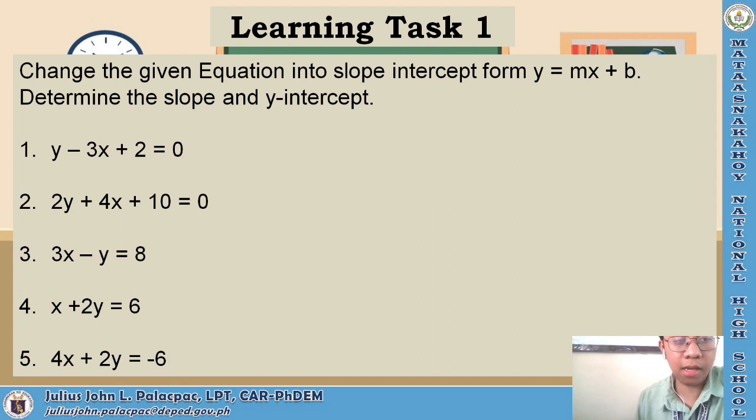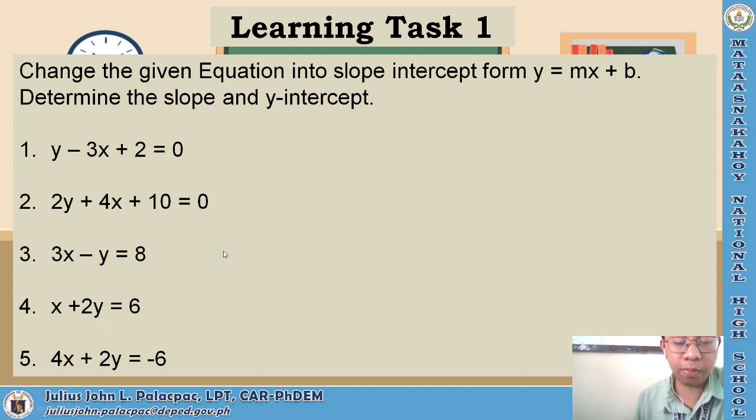So we'll multiply negative y by negative 1. If we multiply negative y by negative 1 to make it positive y, we will also multiply negative 3x plus 8 by negative 1. So negative 1 times negative 3x is equal to 3x. Positive 8 times negative 1 is equal to negative 8.